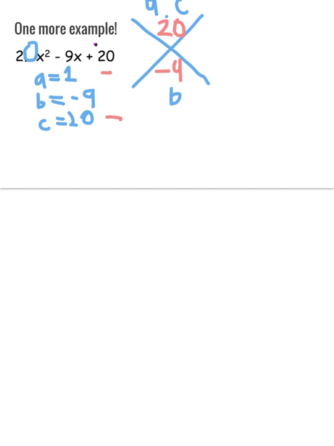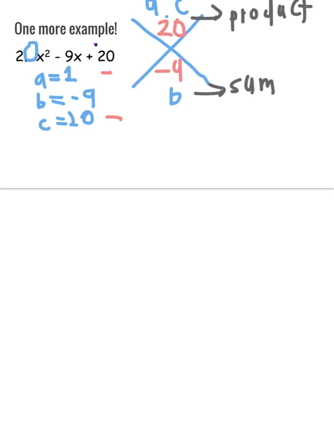Okay. And now we're going to try to think of two values that give us a product and the sum. So we've got to find these two numbers that will give us 20 when we multiply them together, and that will give us -9 when we sum them together.